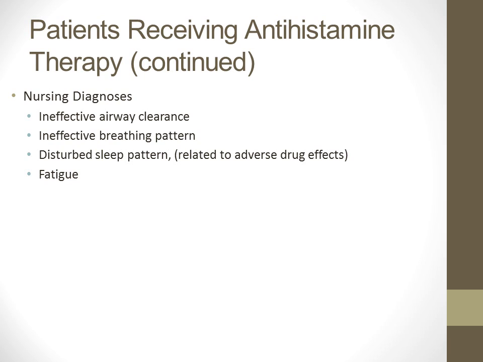So ineffective airway clearance may include such data as they feel like they're unable to breathe. They may complain of dyspnea, congestion. They may have abnormal lung sounds such as wheezing or rhonchi or crackles. And this would be data that would be really critical for us to gather.